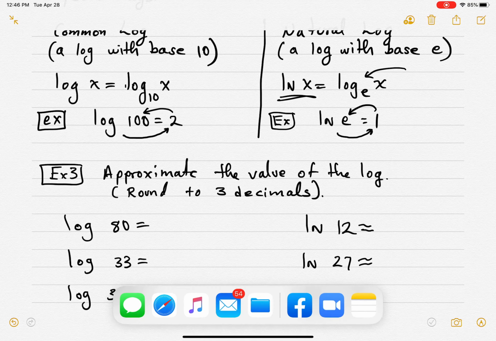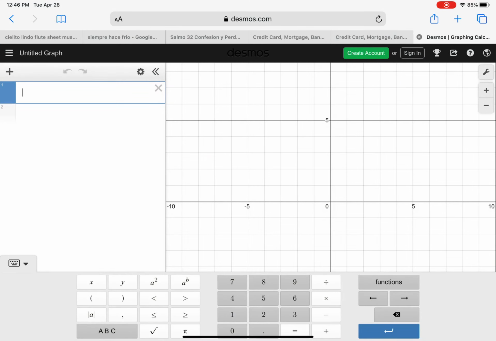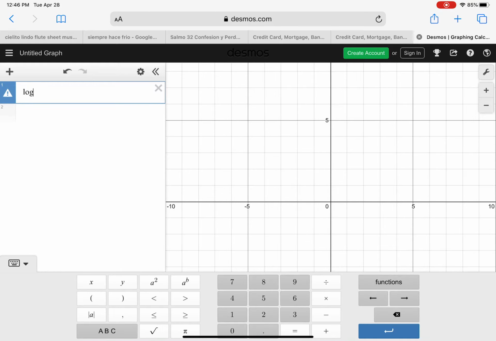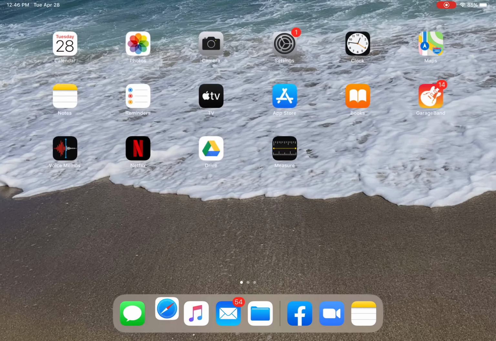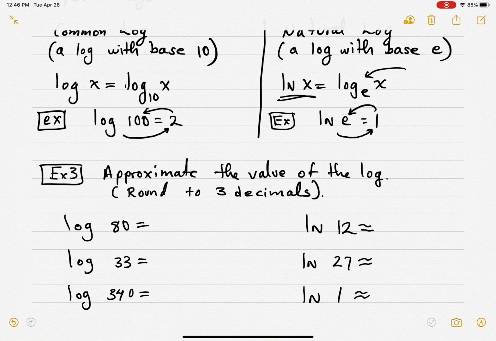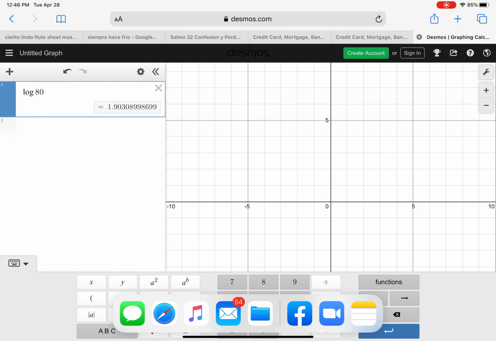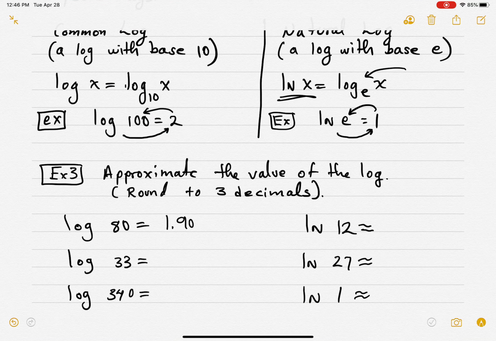So just a log of 80. We go here and we just type in log 80. And you notice how we get an approximation, which is about 1.903. And just like that, we could evaluate all the other ones.